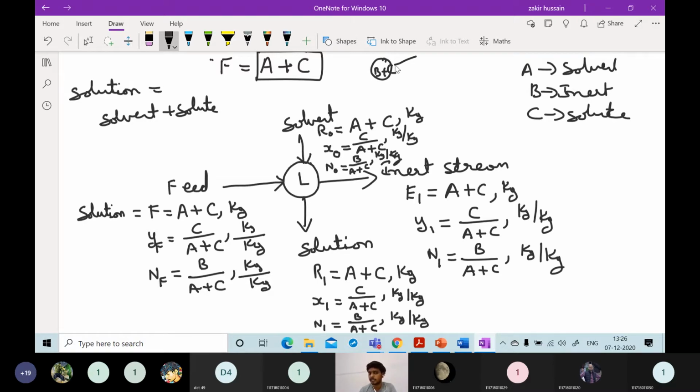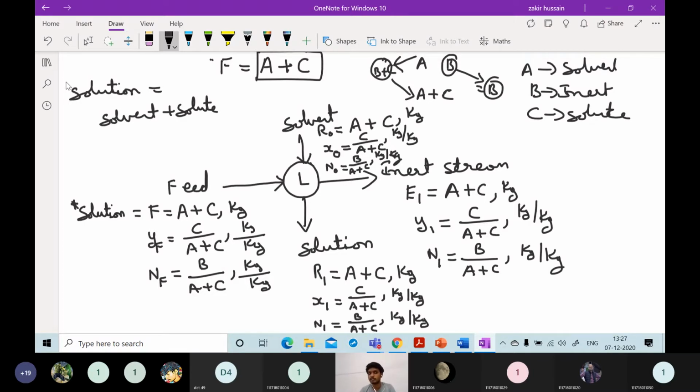But the major role in the leaching operation is that some external solvent has to come in, and the product has to be A plus C. From our practical knowledge, the amount of B in the feed remains the same in the product also. Because of this, wherever B is there, we have to omit it with respect to solution. The solution is our target.